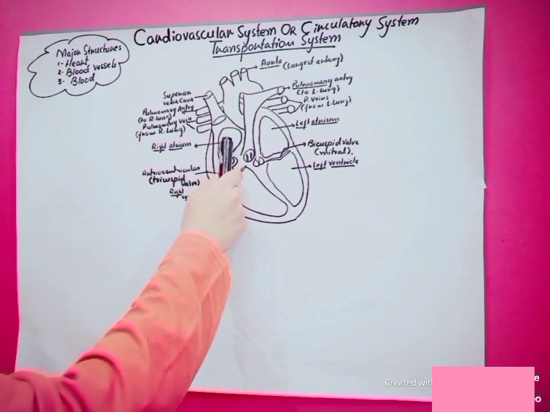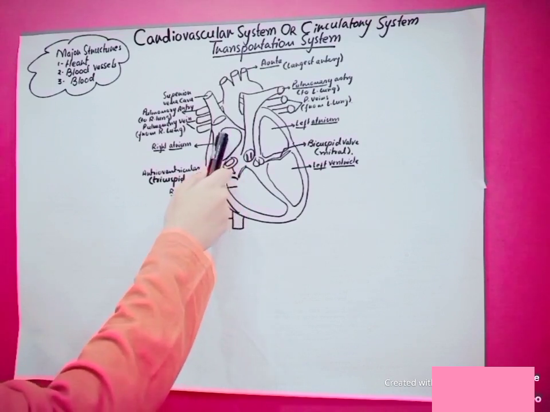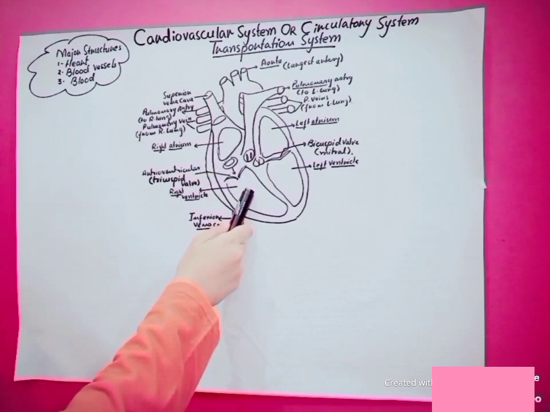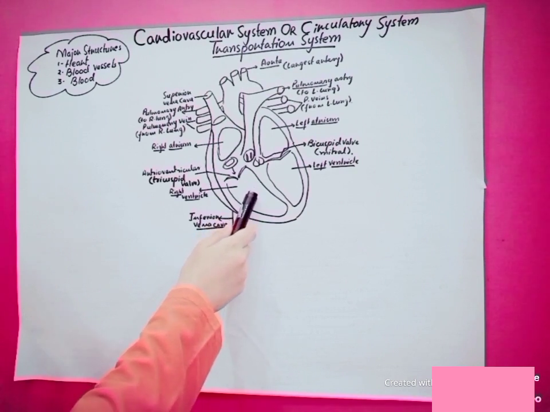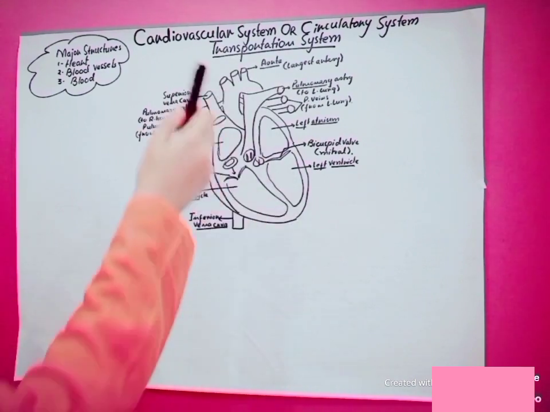Why are the atria thin-walled? Because they just have to push the blood to the ventricles, while the ventricles are thick-walled because they have to pump the blood out of the heart. How does it happen?